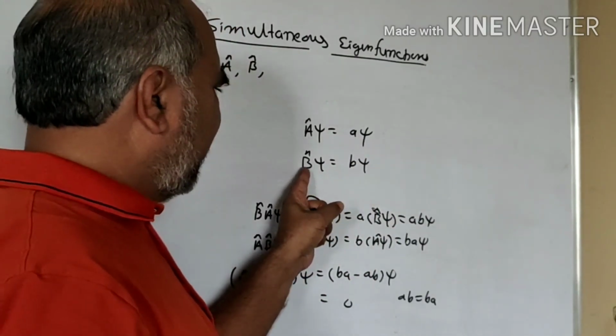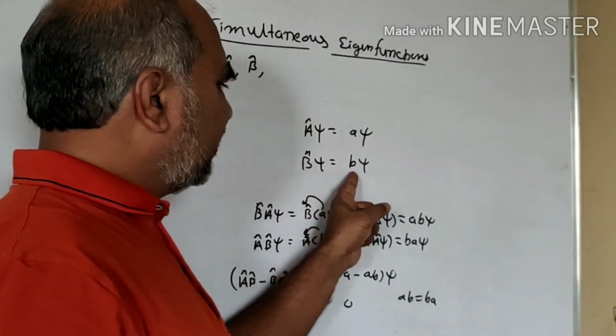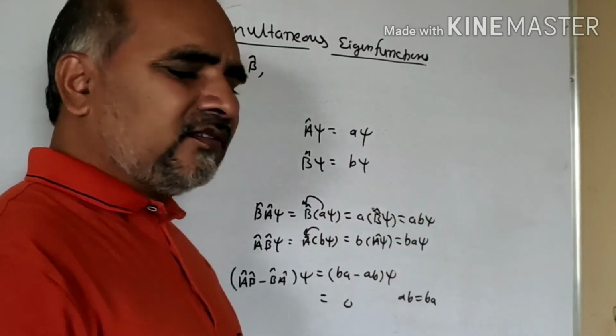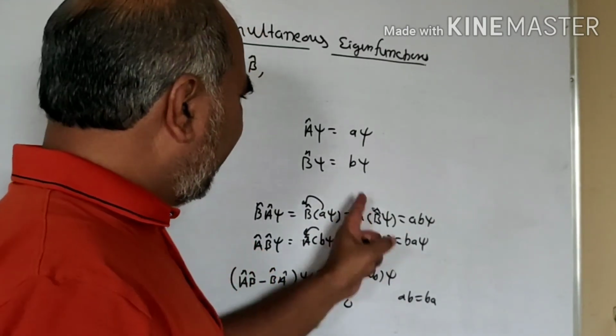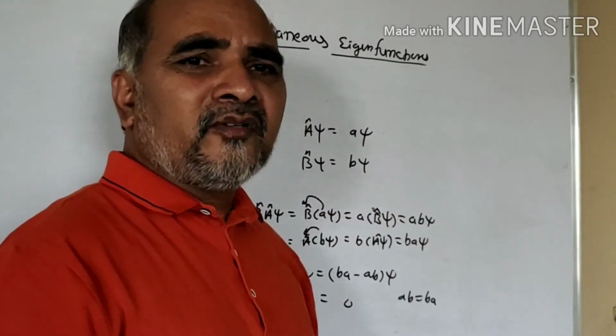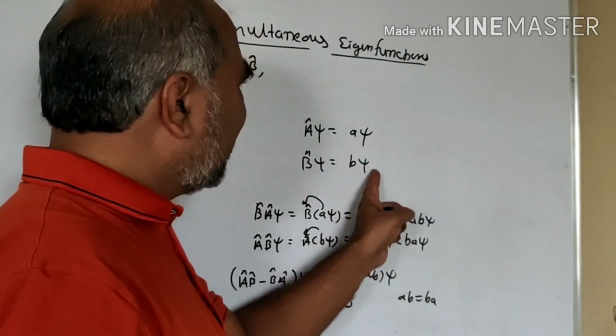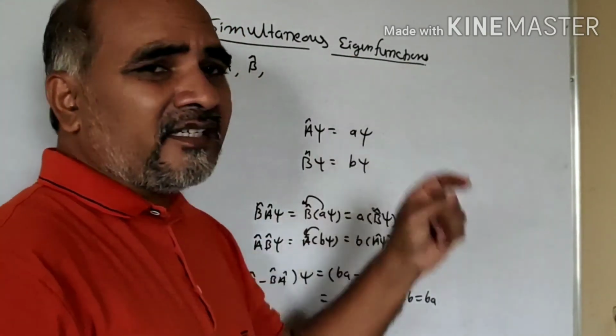Then B operates on psi equal to b psi, where psi is the eigenfunction and a and b are the corresponding eigenvalues. Then this psi is called a simultaneous eigenfunction.